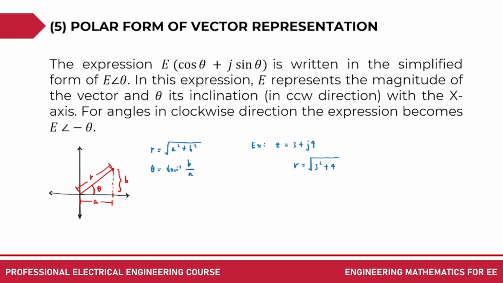So 3 squared plus 4 squared, and of course, this is 5. Then, the theta is arctangent of 4 over 3, and that is how we'll get 53.13.